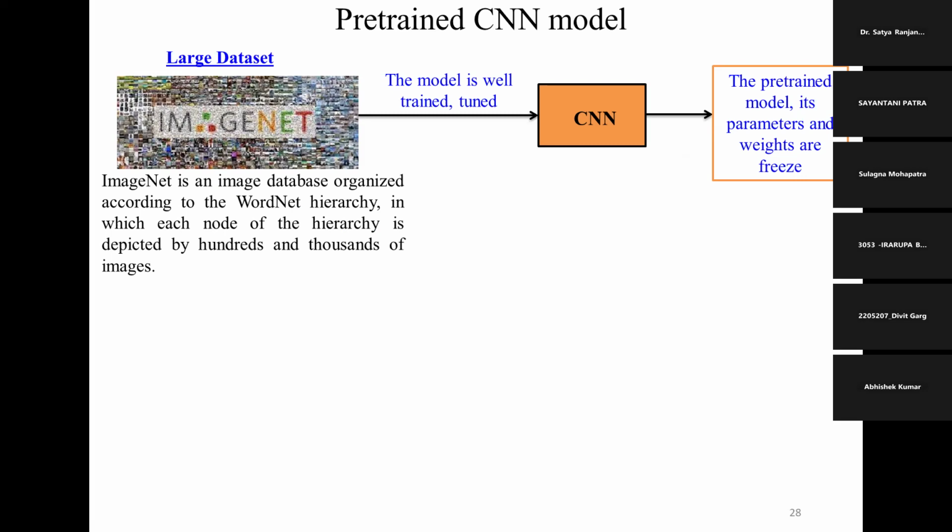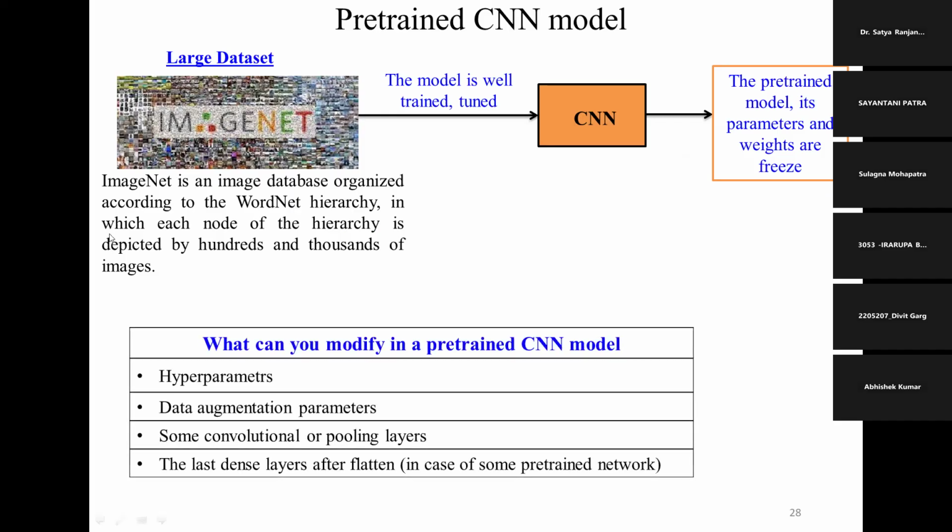This ImageNet data consists of around 40,000 classes, covering things from around the world, like any animal, diseases, and many other things, and they are wrapped inside a function so we can just call it as ImageNet and reuse it. So if we consider the weights from ImageNet, we only need to modify the hyperparameters, the data augmentation parameters, some convolutional or pooling layers, and some dense layer functions.